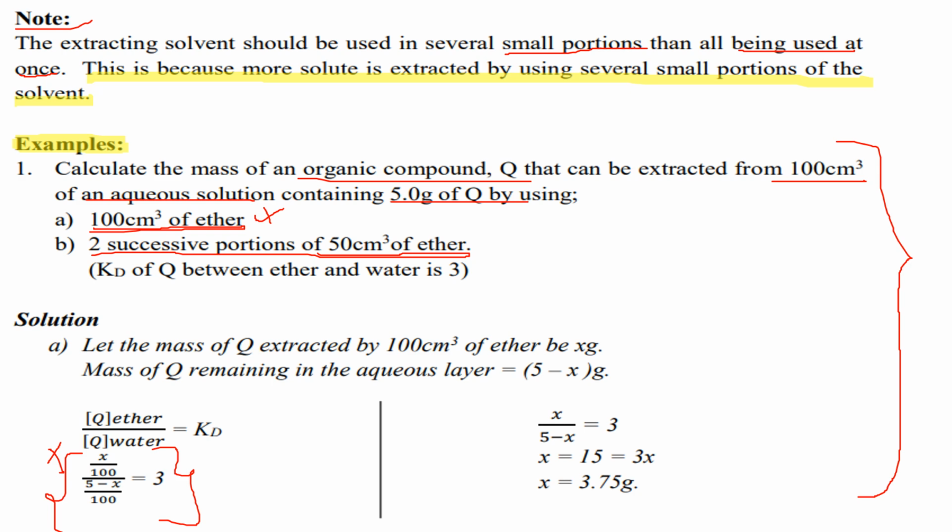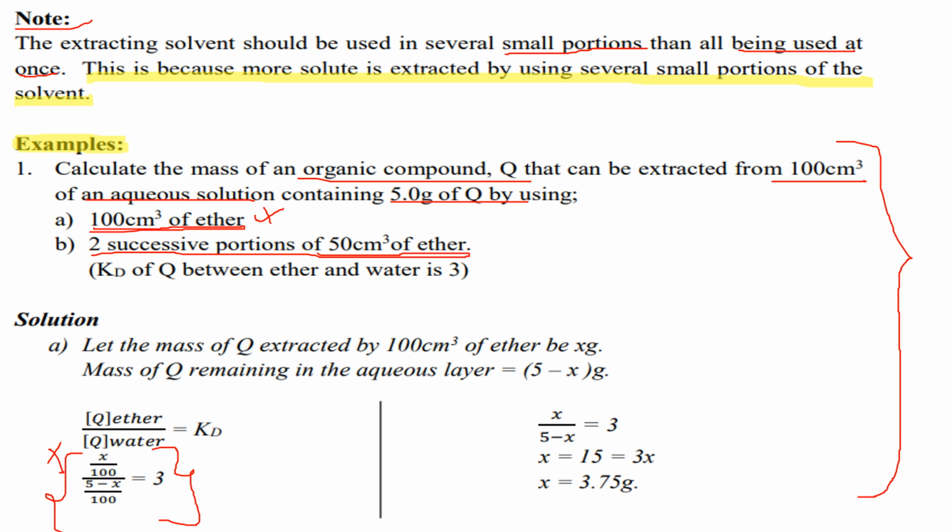We are saying that the partition coefficient KD of chew between ether and water is 3. And I told you, for the organization of work, you always consider ether and water; that's your arrangement when you're presenting your KD values.